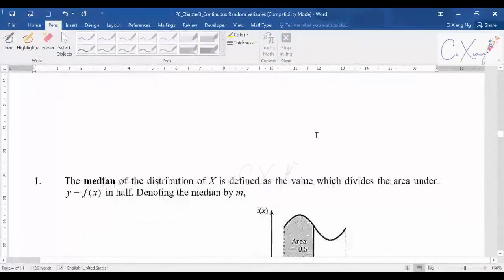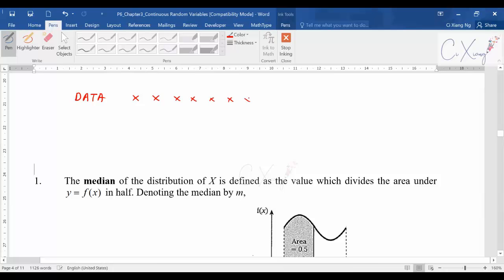Before I start, I just want to let you recall. Last time you learned about the median and quartiles, correct? When you have data, arranged from the smallest value to the largest value, the median is the center of the whole set of data.